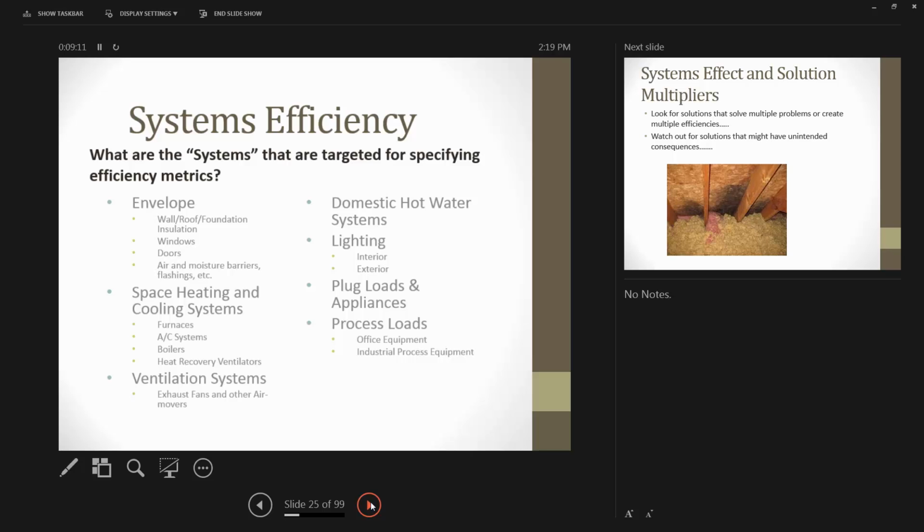But the concept here really is that you've got to address all these systems, but you also have to make sure that the decisions you're making in one system are at least complementing, if not benefiting, parts of the other systems, and also not creating any unintended consequences.